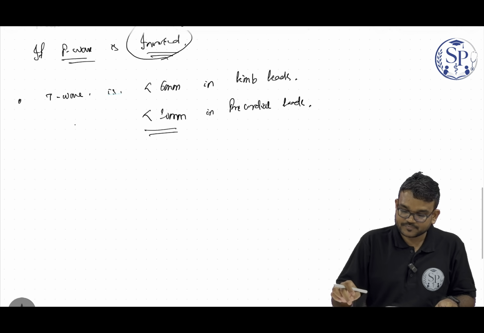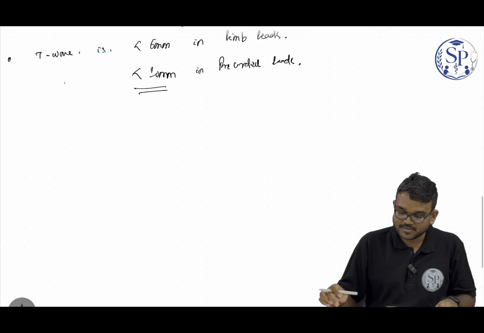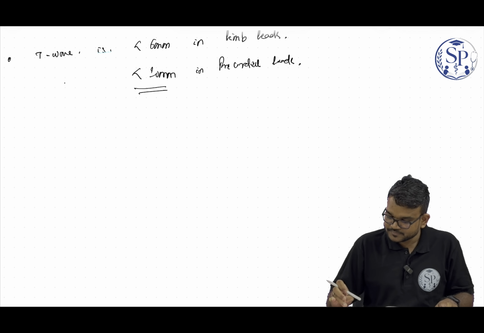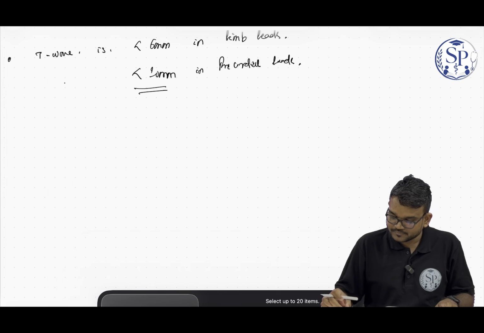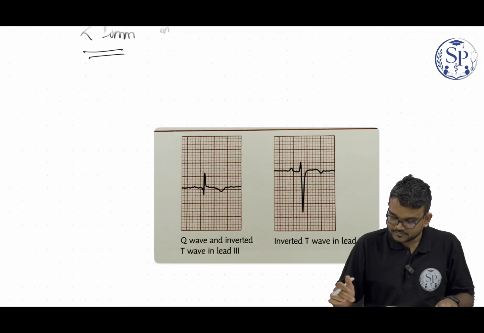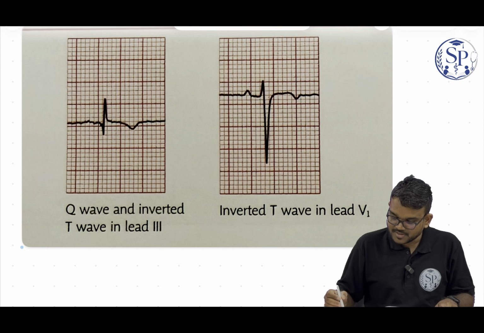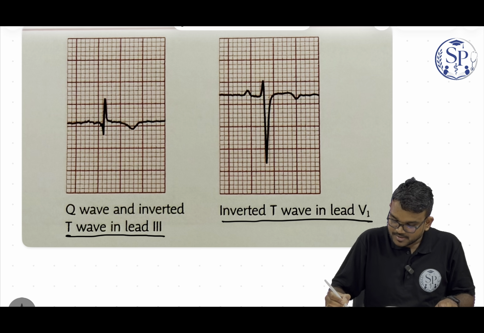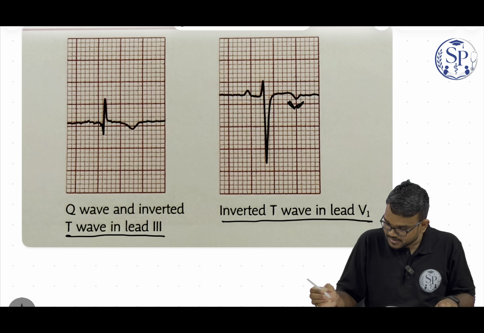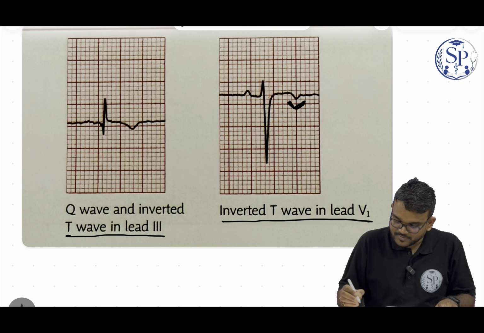Okay. So, now we will see one image. See, the T wave inversion in lead 3, inverted T wave is in lead 1. This is lead V1 where the T wave inversion will be seen. This is lead 3 where the T wave inversion is seen.